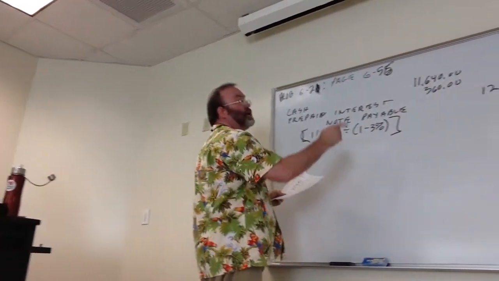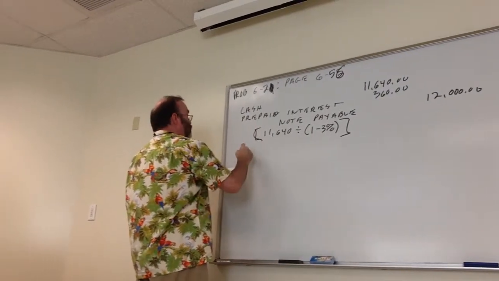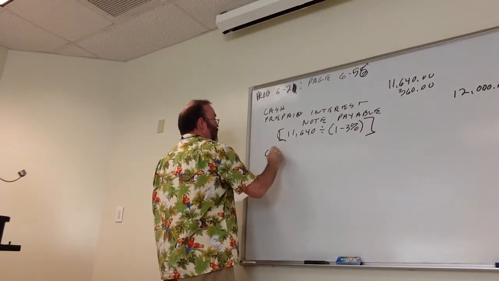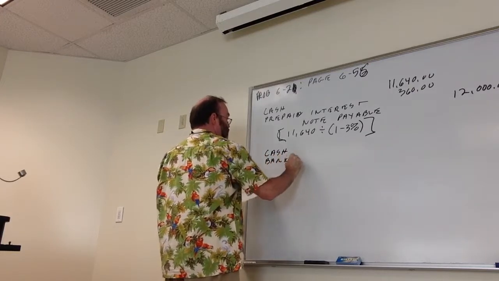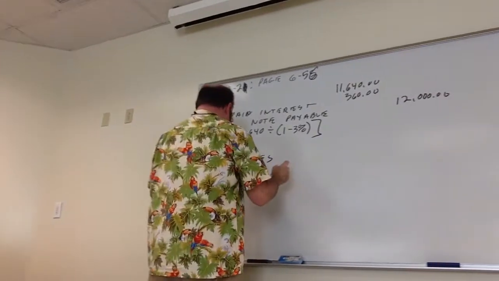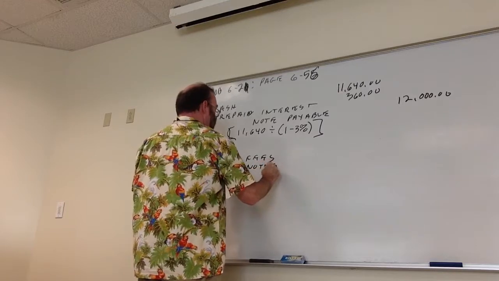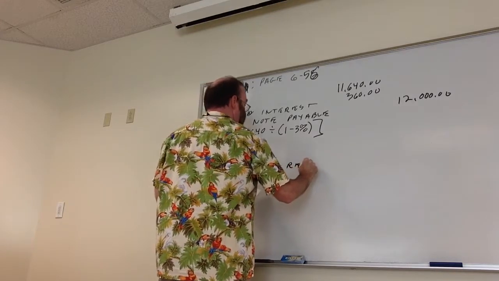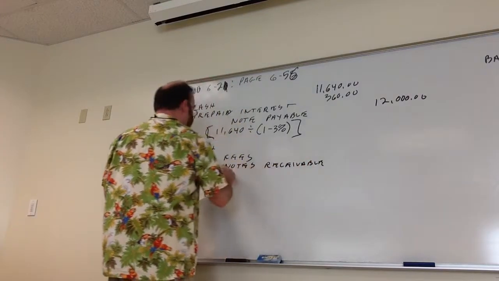Then you need to record the collection of the note. So that's cash, debit to cash, bank fees, and a credit to notes receivable, and a credit to interest revenue.